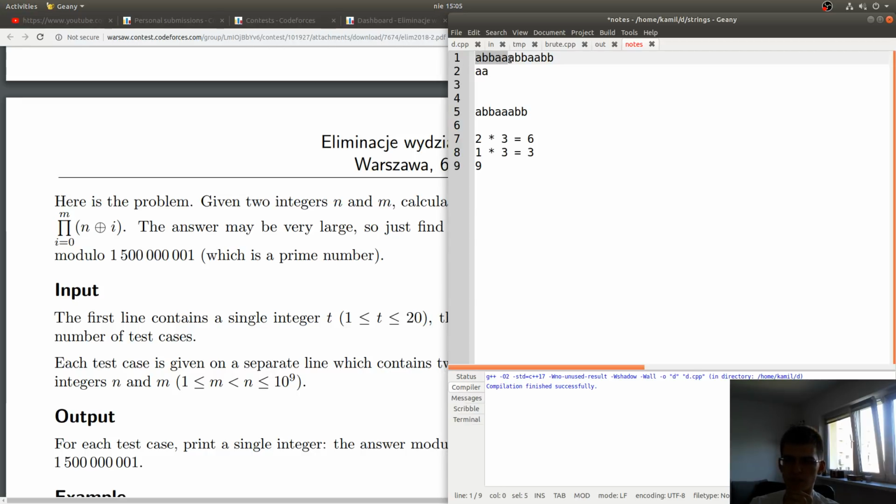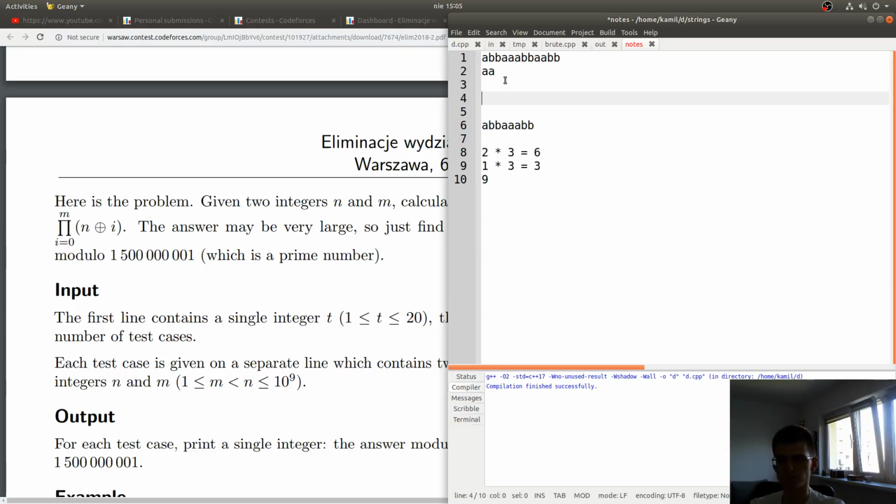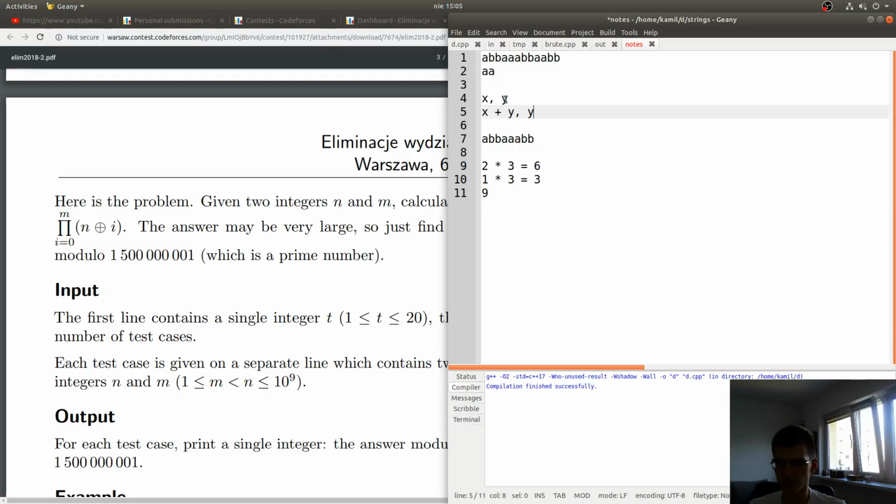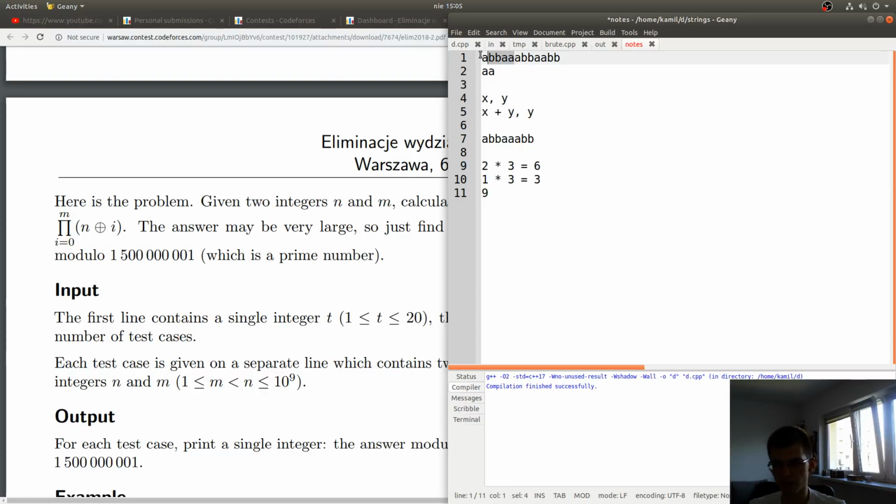So if we know that the sum of those occurrences of A is, let's say, X here, and the number of those occurrences is Y, then when we move from one prefix to the next prefix, this sum with multipliers will be changed to X plus Y, and the number of occurrences will stay the same, unless when we move to the next prefix, here to this one, we get a new occurrence of the small string.